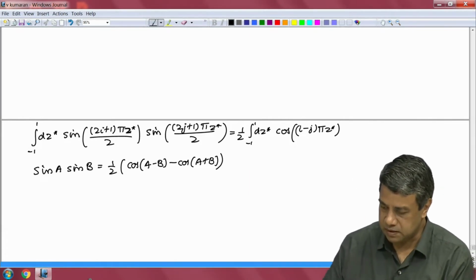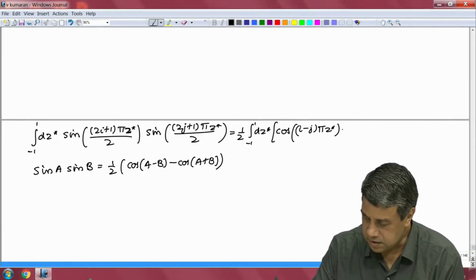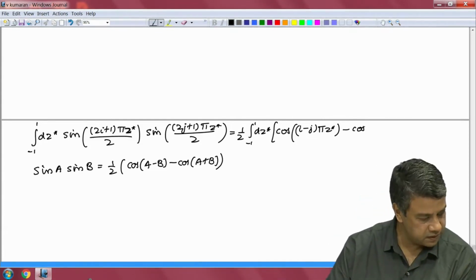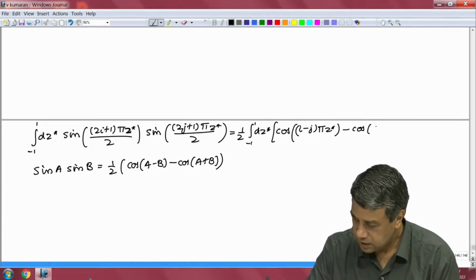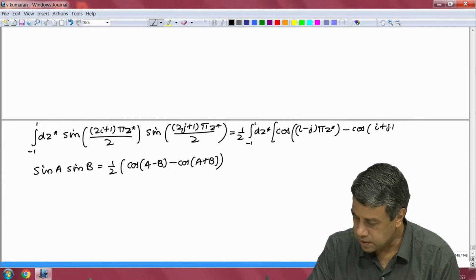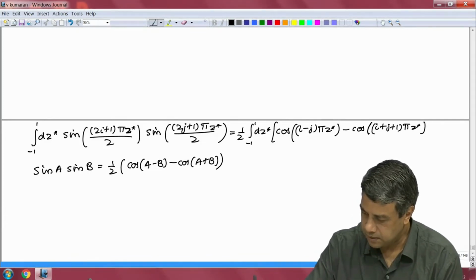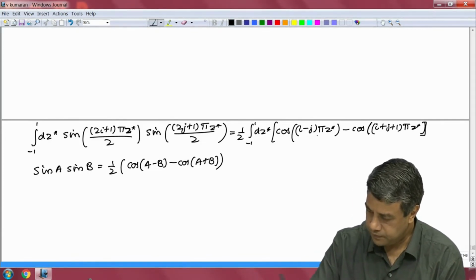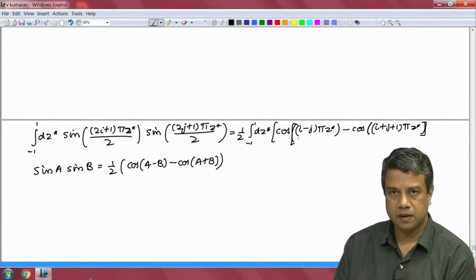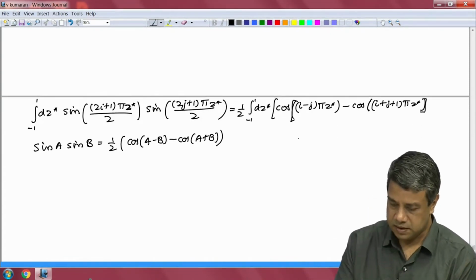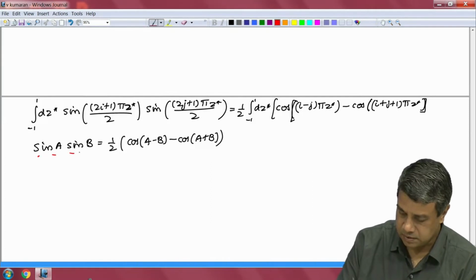So, I just get cos of (i minus j) pi z minus cos of (i plus j plus 1) pi z. Just substituting this identity in here.